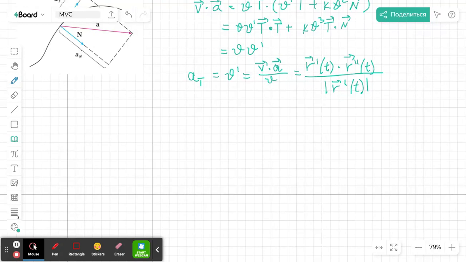Now, you should remember the formula for the curvature from the last class, when kappa was given to us by the cross product of r prime and r double prime.